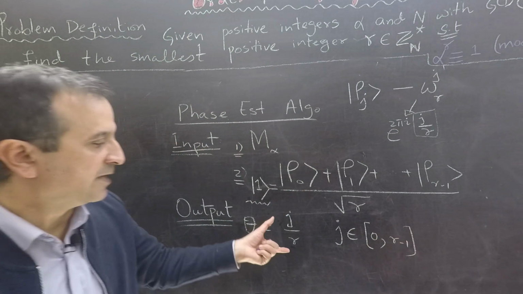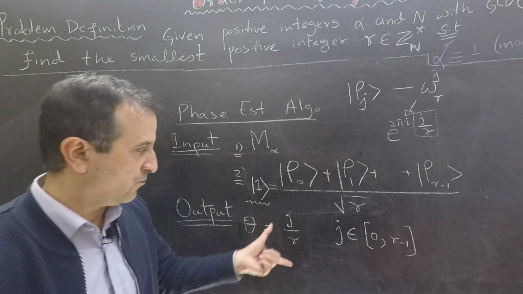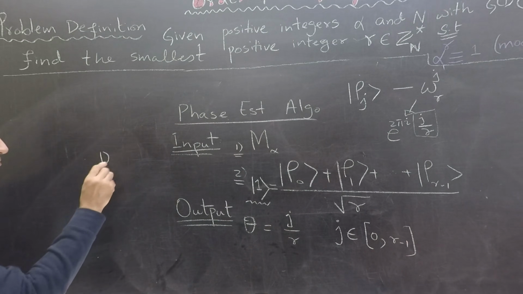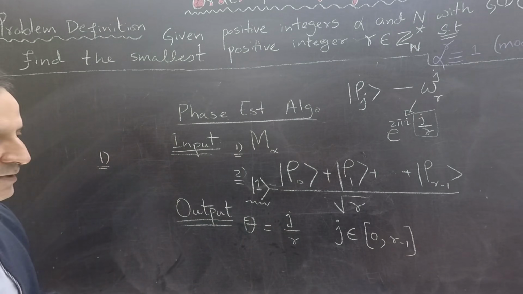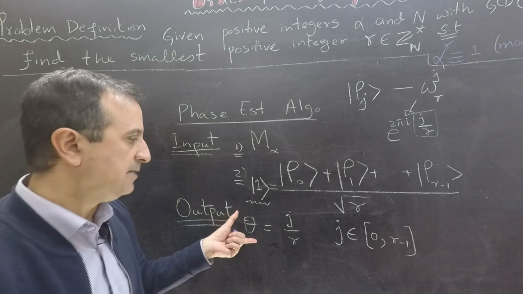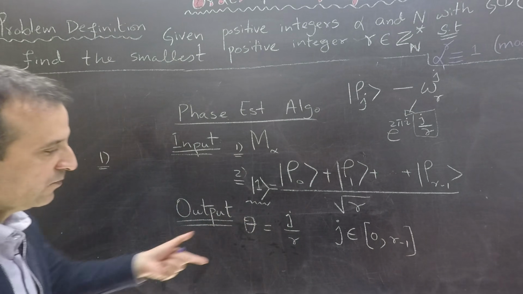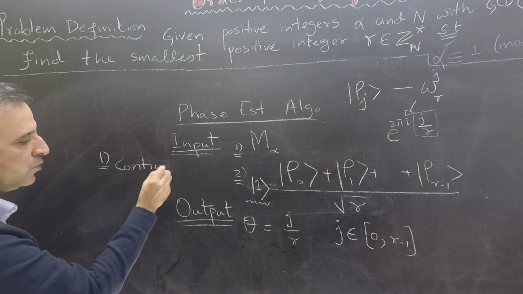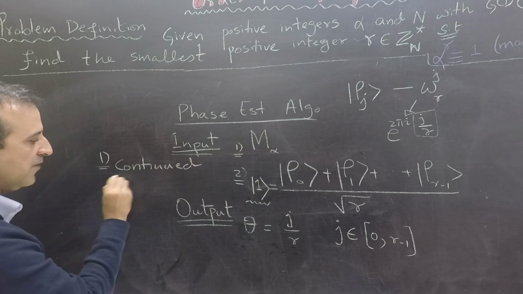So how can we retrieve our r? We will perform two steps. Number one, we will use continued fractions to write theta in fractions. So there is something known as continued fraction.